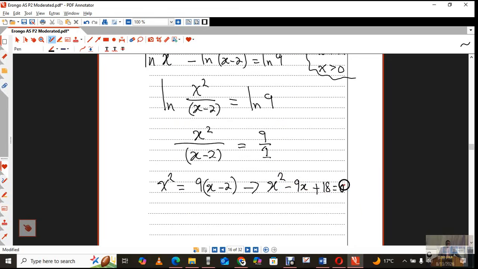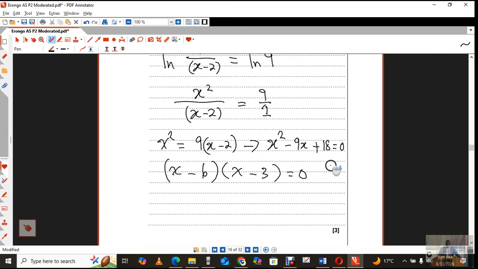I hope you are with me when I do this and I move them to the other side. At the end of the day, this should factorize. That's a positive, so I have two minuses as indicated by that sign over there. It's 6 and 3, giving you the 18 and 9. Then obviously you should be able to see your answers. x minus 6 is equal to 0, therefore x is equal to 6.